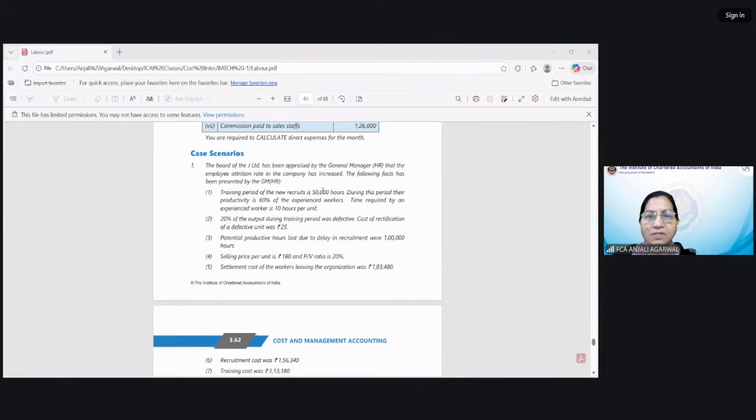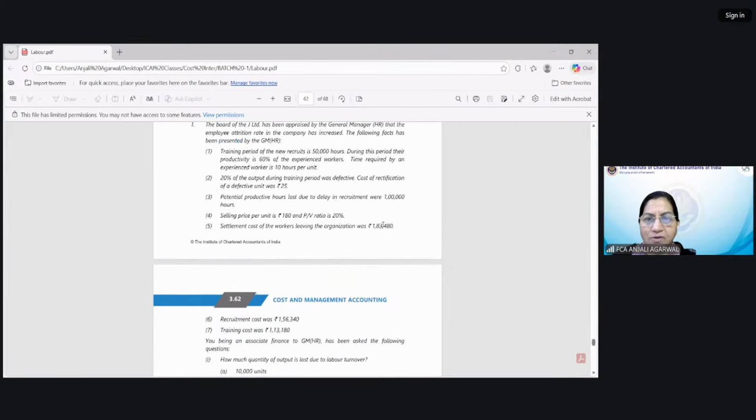So 100,000 plus 20,000, total productive hours lost are 1,20,000 so far. Selling price is 180, and the PV ratio on this is 20%, which means 36 rupee per unit is what you get. So if you have lost 2,000 units here, 2,000 into 36 is a loss, pure loss, plus another 15,000 on rectification. Apart from this, there are settlement cost 183,480, recruitment cost 156,340, and training cost 113,180.